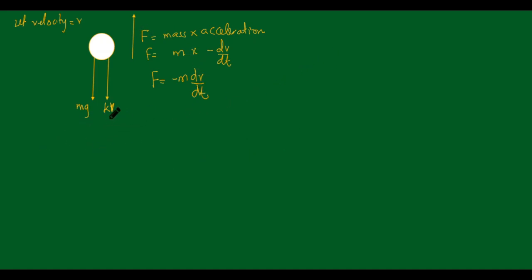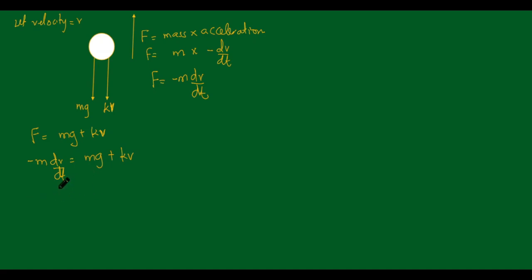What brings about this deceleration is the summation of the weight of the body and the resistance offered by the air. So F is equal to mg plus kv. We have that minus m dv dt is equal to mg plus kv.